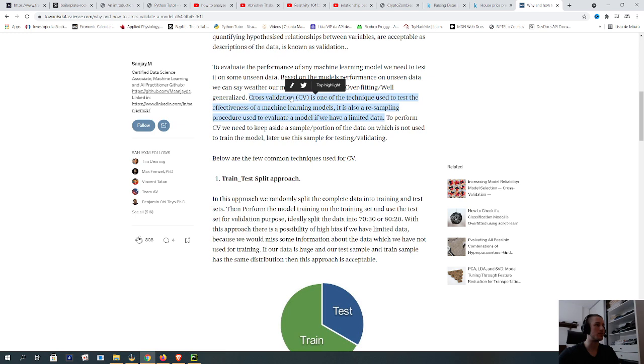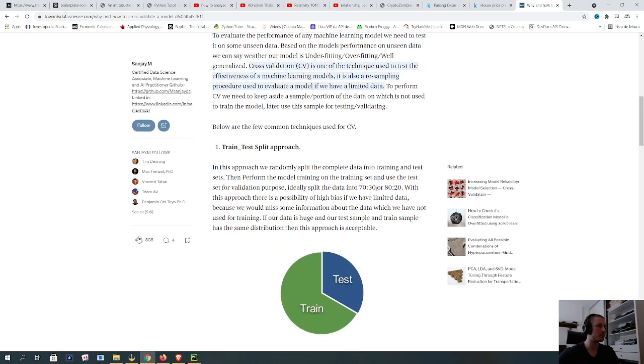So it's basically used to see if it's underfitting or overfitting. One of the techniques used to test the effectiveness of a machine learning model is also a resampling procedure used to evaluate a model if we have limited data.